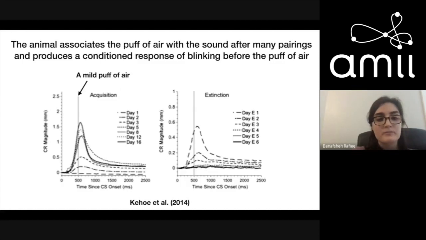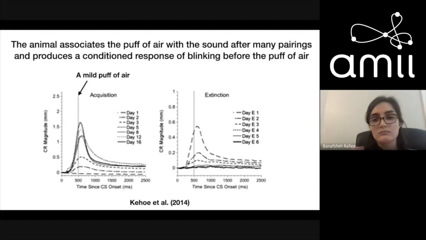On the y-axis, we have the conditioned response magnitude, and on the x-axis, we have the time since the sound was presented, and the bar shows when the mild puff of air was presented. And we can see that over trials, the animal builds a response to the sound.